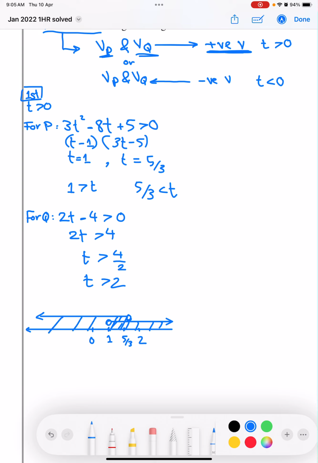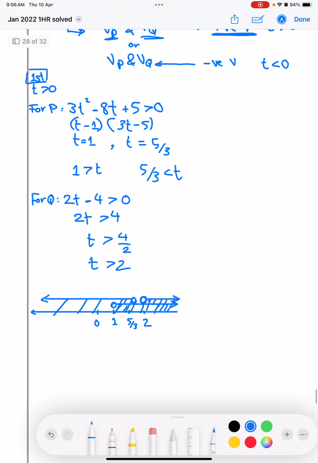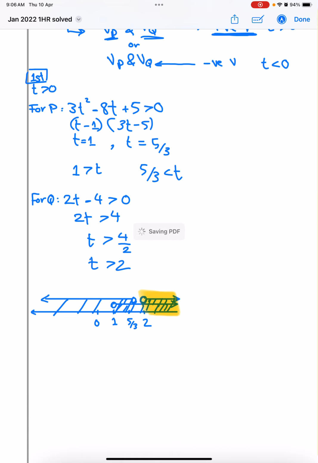Then T is greater than 2, I'm going to shade this part. So in each part we have the common shading.